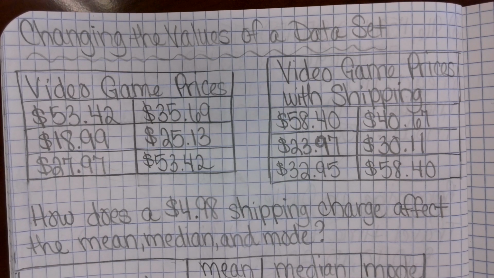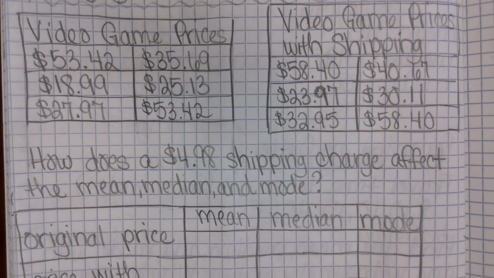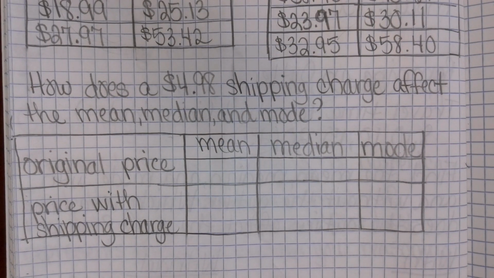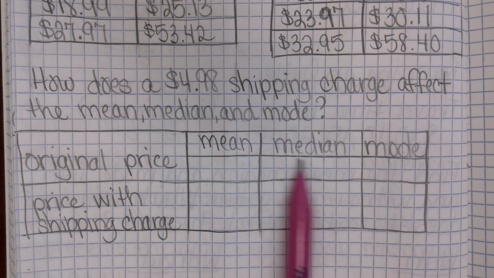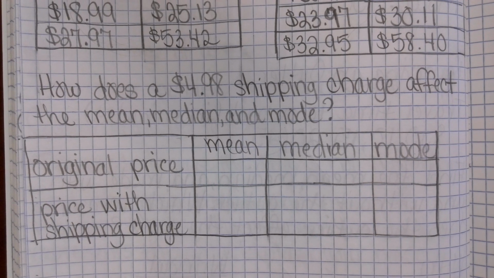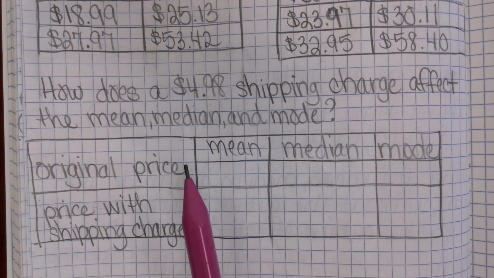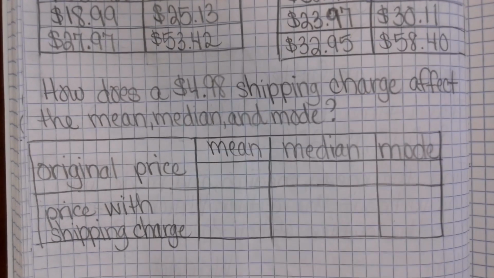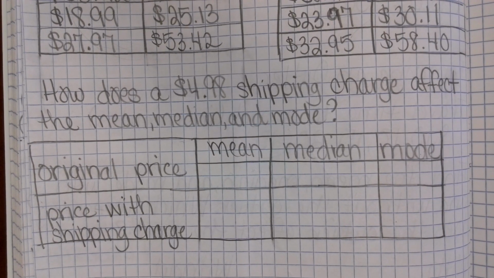Okay. Now I'm going to move this up. You can see, so this is the chart. I want you guys to complete this chart, mean, median, and mode, and we're going to compare. We're going to see what happens here. Okay?